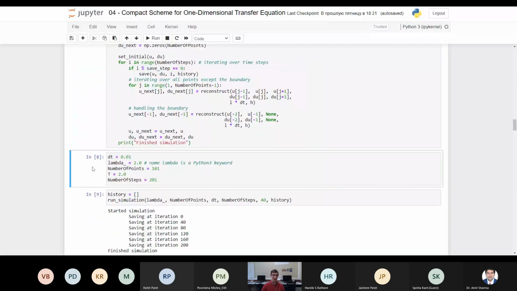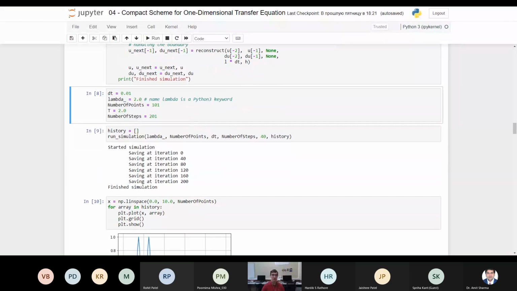Here we have an example. We define the time step so that it would satisfy the Courant stability condition. We define parameter lambda and parameters of the computations, define the array for saving values, and perform the simulation.